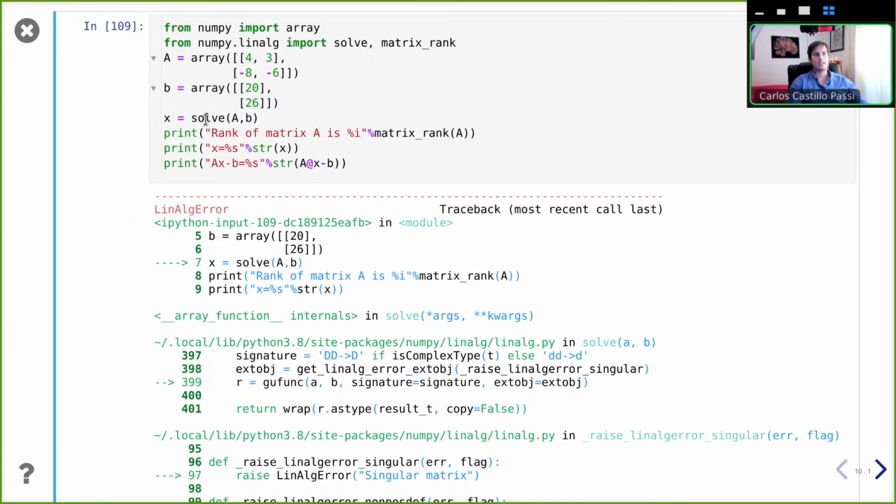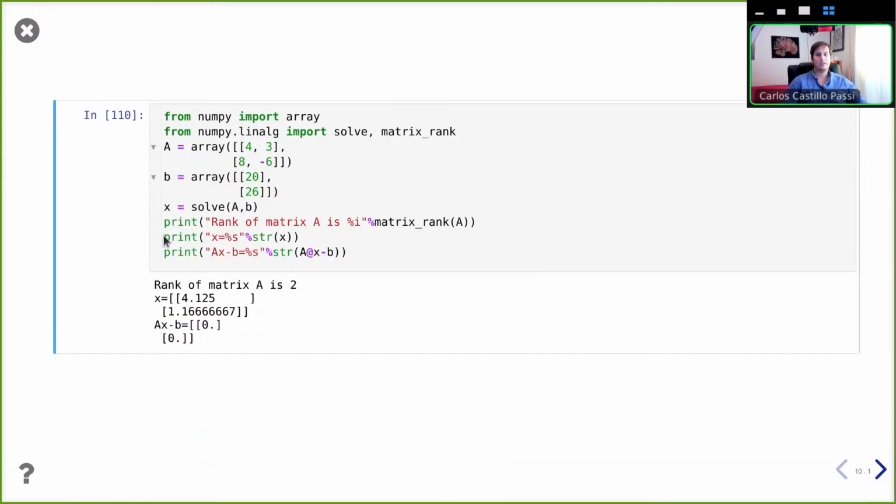So basically we cannot solve the system if the rank of the matrix is not the same as the dimension. Let's remove this minus sign, so now the columns are linearly independent, and there's a solution of this system.